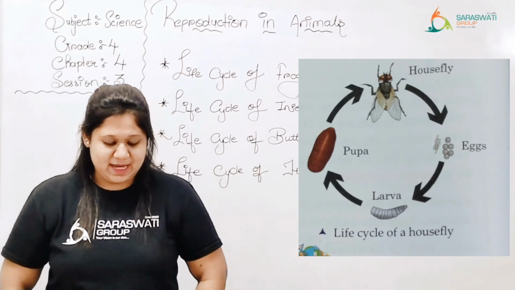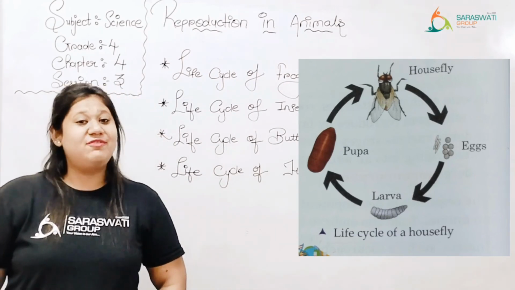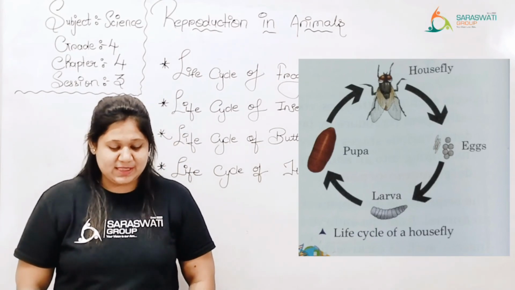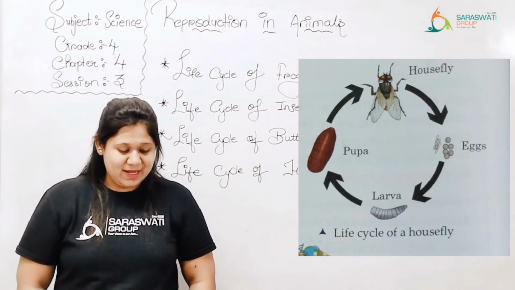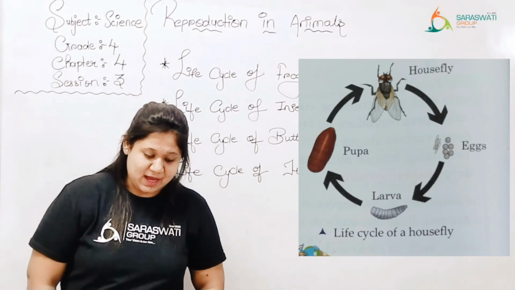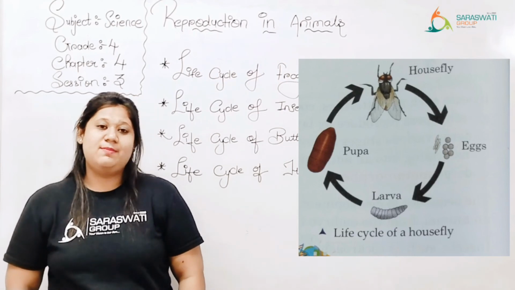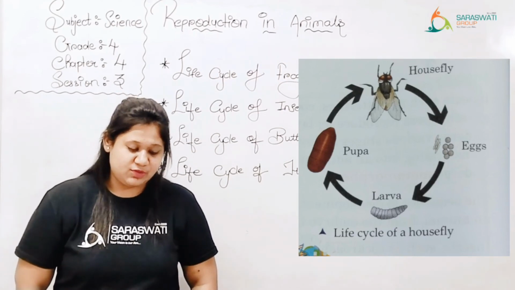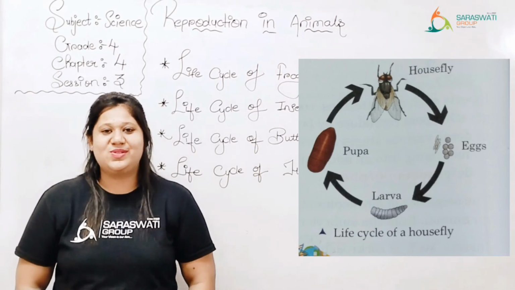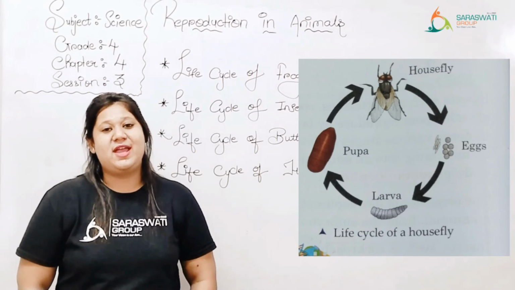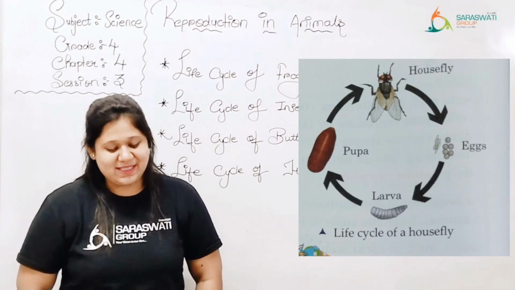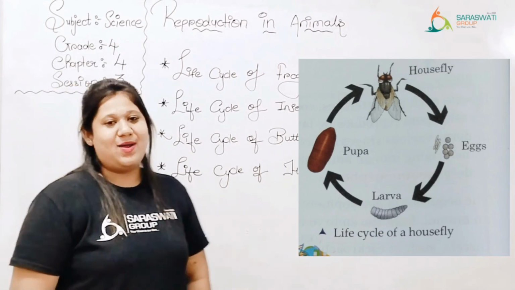When they lay eggs, it converts into larva, then into pupa, and when it breaks open after a week, एक young housefly होती है वो बाहर आती है. Clear? So this is the life cycle of a housefly.